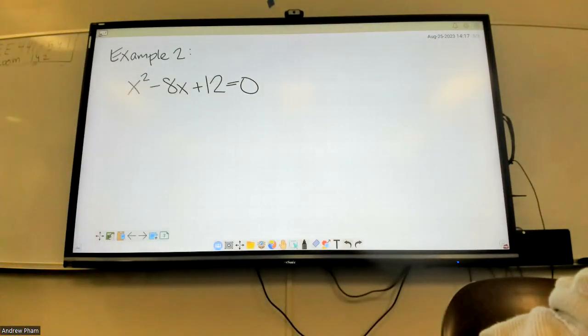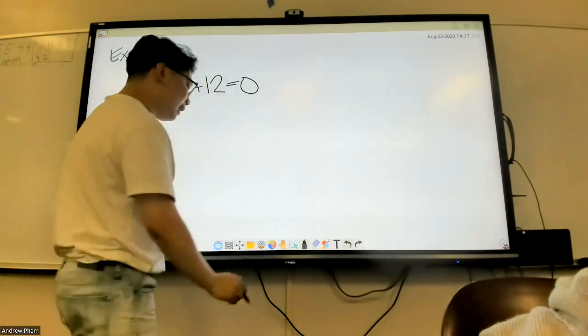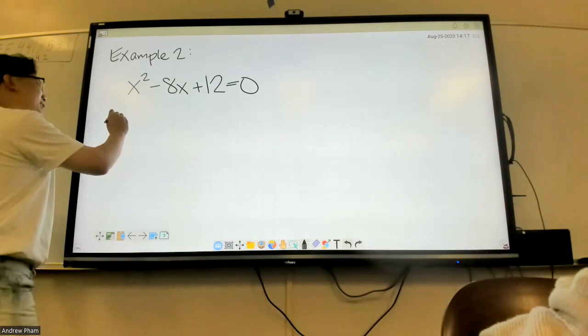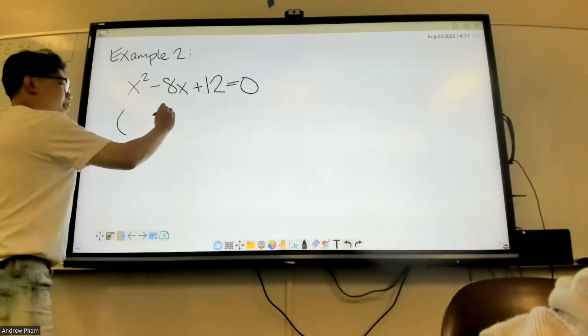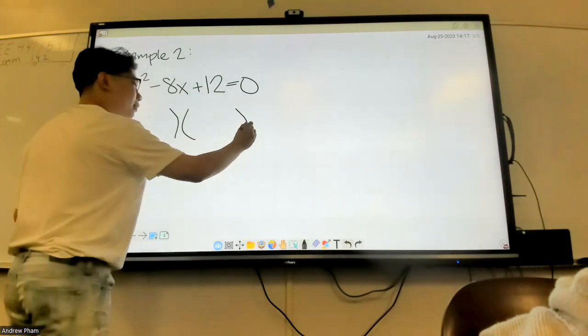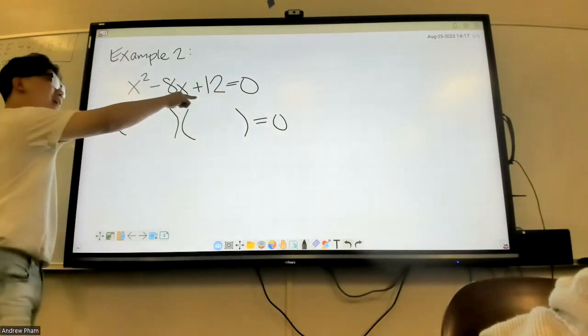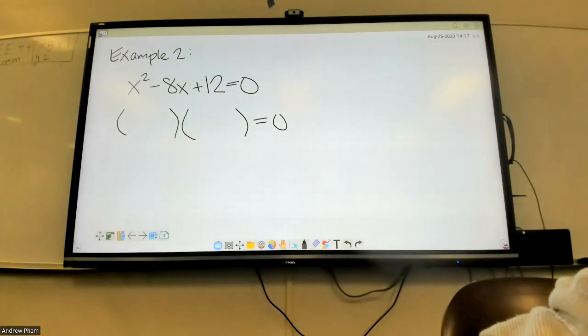Whenever I say I want to factor a polynomial like this, I'm saying I want to split this down, in particular for this one, into 2 parts, where if I multiply them together, I get this whole thing. So we're going to break down, how do I know what goes into these 2 blanks?